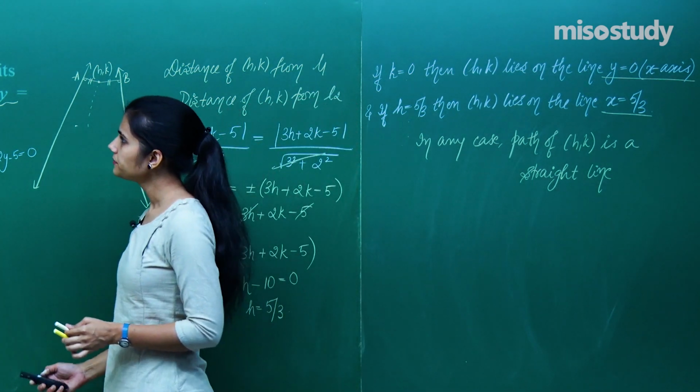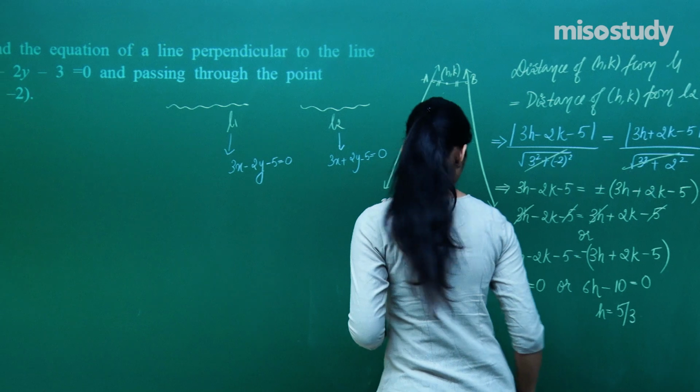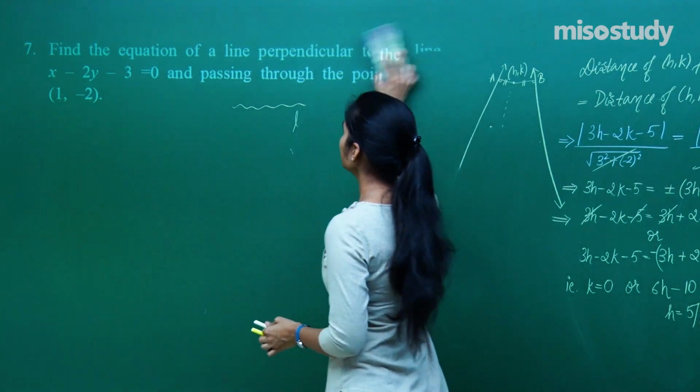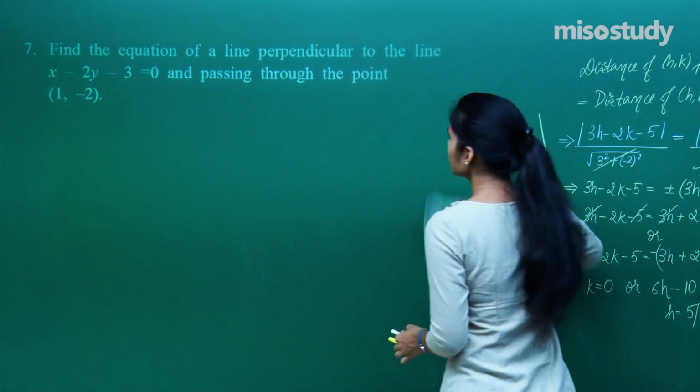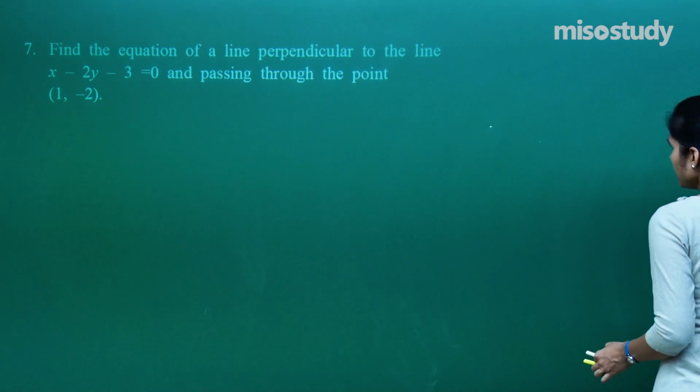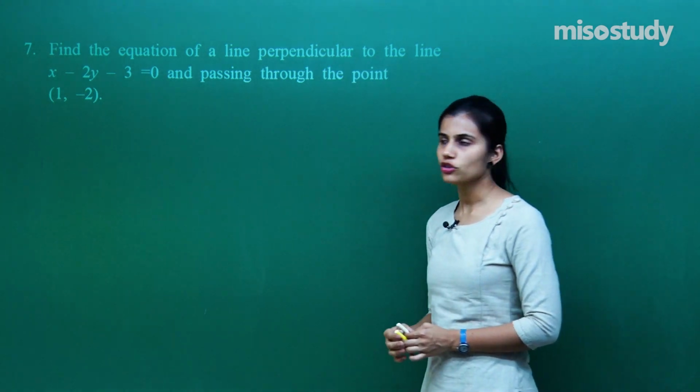Next we have: find the equation of the line which is perpendicular to the line x minus 2y minus 3 equals 0 and passing through the point (1, minus 2). The moment I am talking about one line being perpendicular to the other, I already know the nature of the slope.